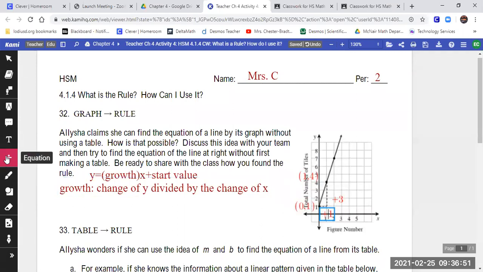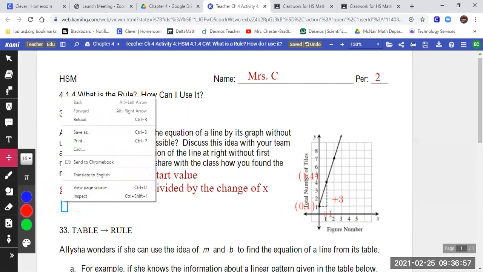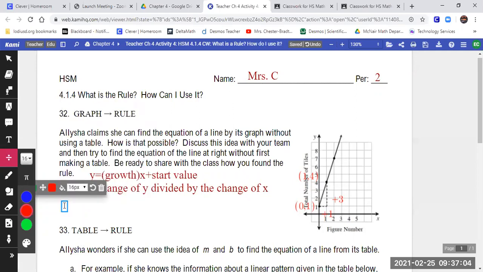So now let's go ahead and find our growth. Growth equals positive 3. That's the change in the y, over positive 1, just like we've done over and over. What do we get for our growth?